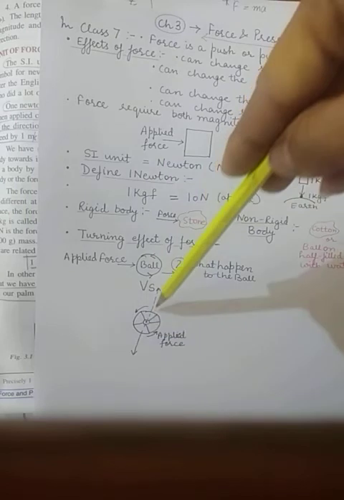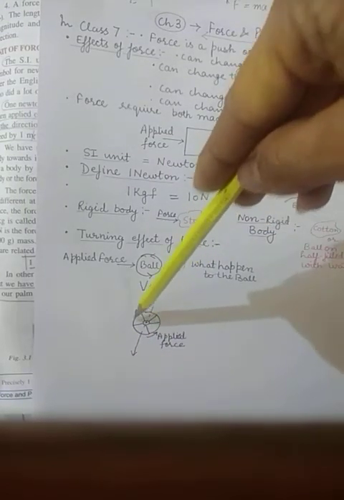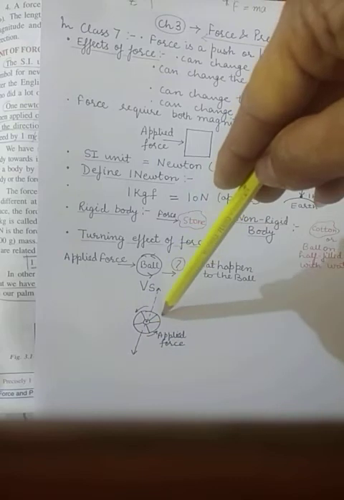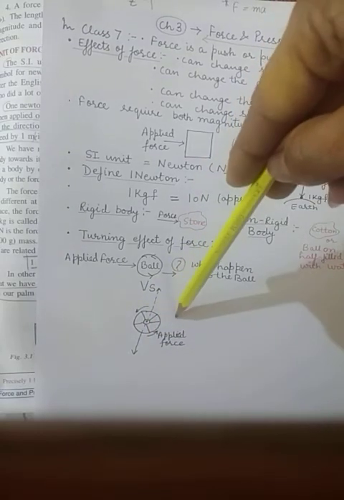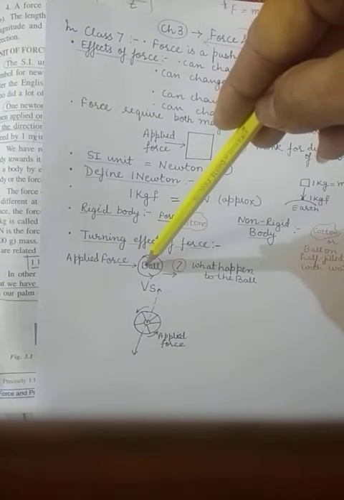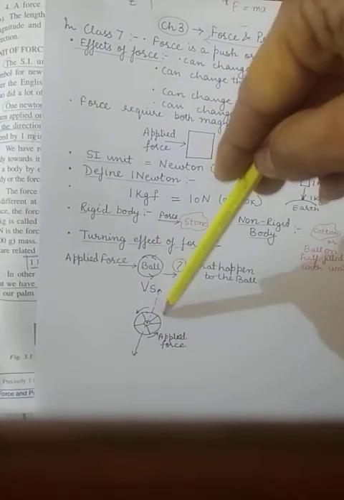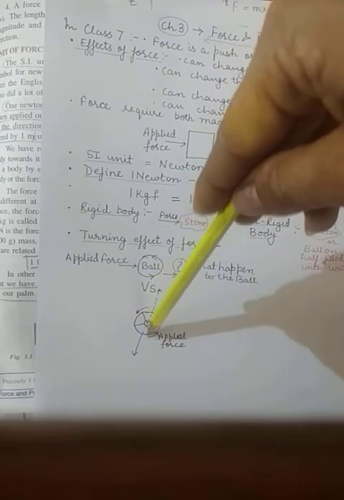Here this is the rope which is going through the center of the disc, and I have applied the force. Now force is applied in this direction. The object is not moving in a straight path like in the previous case. Here it is turning. It is rotating about an axis.